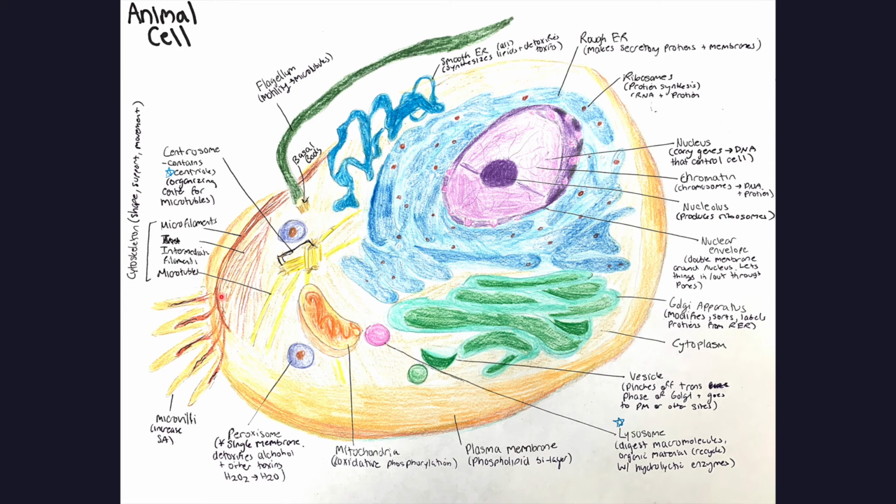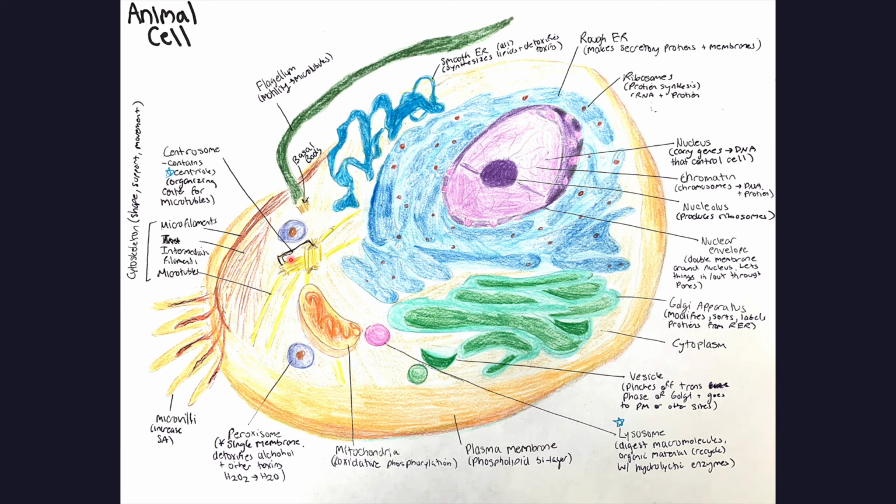The cytoskeleton provides shape and support and allows for movement. The cytoskeleton is composed of microfilaments, intermediate filaments, and microtubules. The centrosome is the organizing center for microtubules.